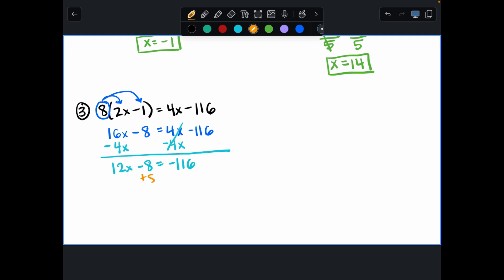Now I'll add 8. And divide by 12. Negative 108 divided by 12 is negative 9.